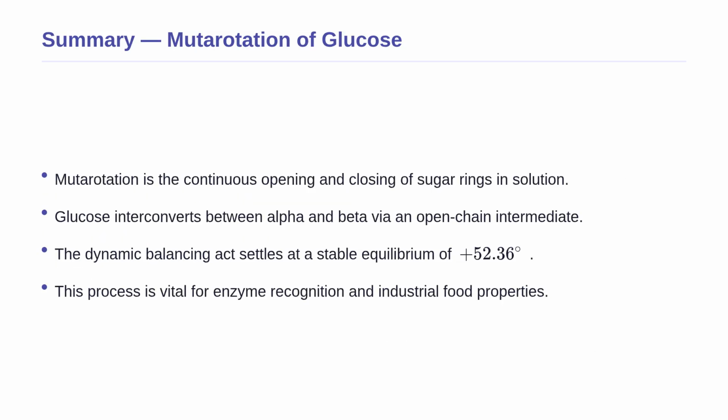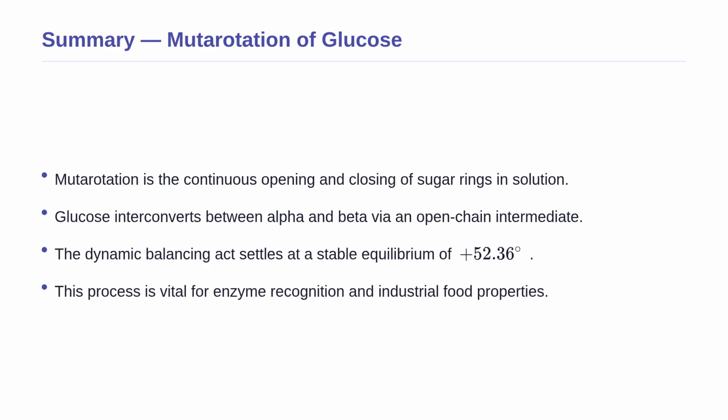We have covered a lot of ground today, so let us summarize the key takeaways. First, mutarotation is the fascinating process where a single type of sugar molecule constantly opens and closes to switch between two different ring shapes in solution.